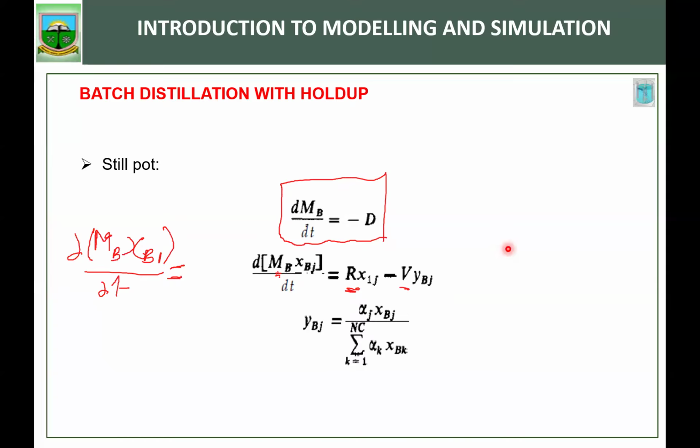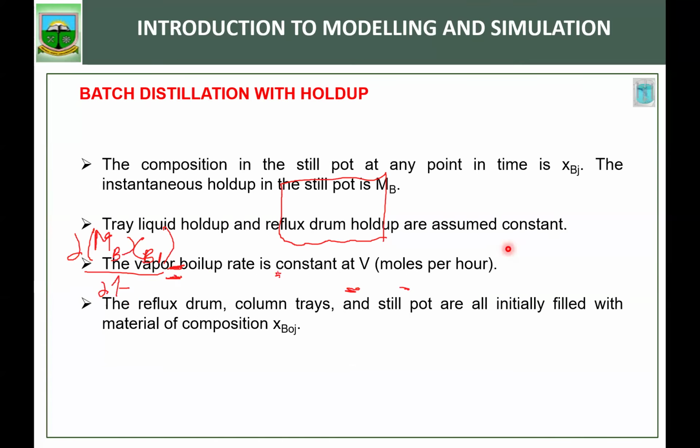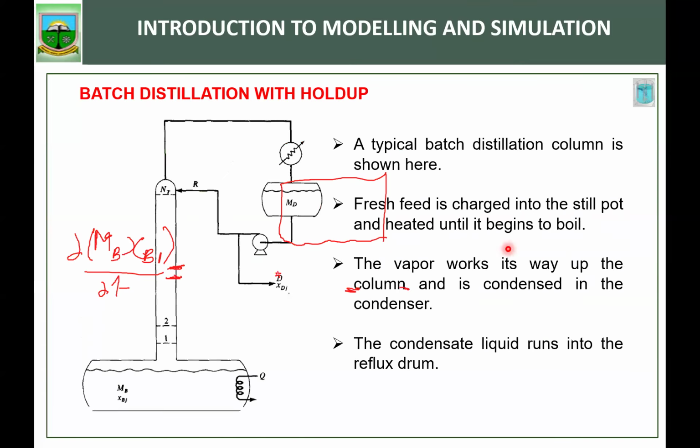So we are now going to say it is equal to the input. Let me go back here and explain this. The reflux is coming in again here, so that's the input into the system. That's the reflux, and what is coming out here is the vapor.